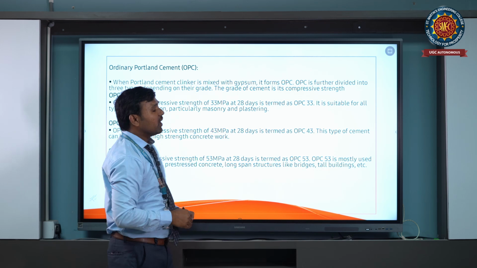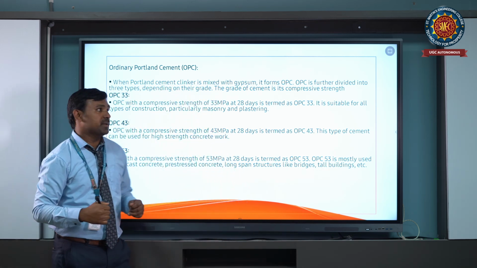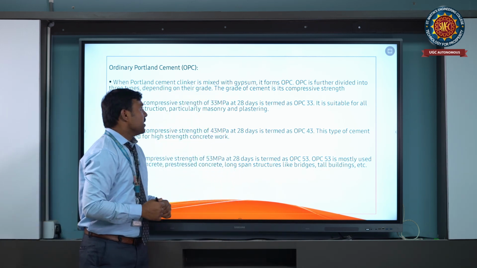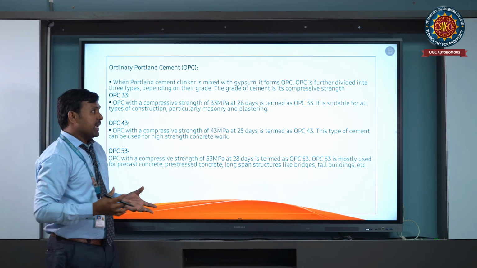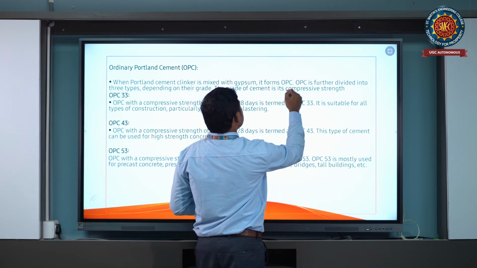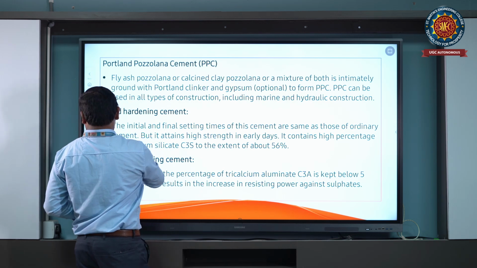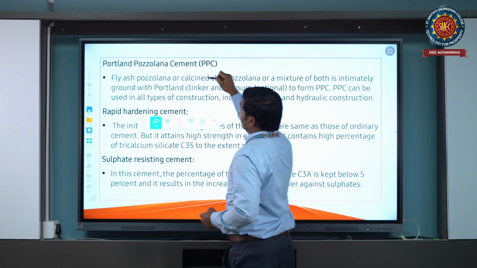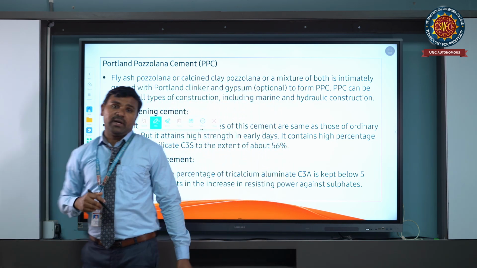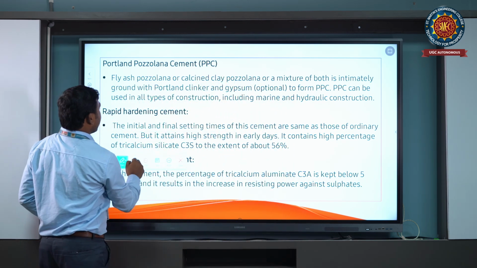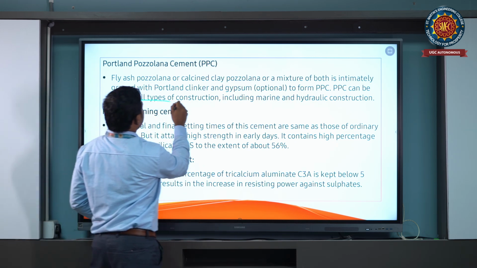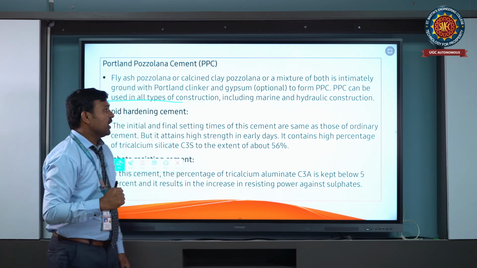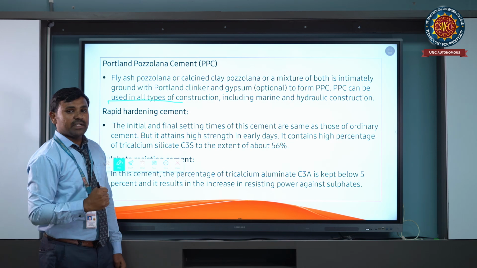We'll study about ordinary Portland cement, nothing but types of cement. It is Portland cement mixed with gypsum. It forms ordinary Portland cement. It is a mixture of calcium clay and pozzolana, which is fly ash, and it is used for all types of constructions including marine and hydraulic structures.